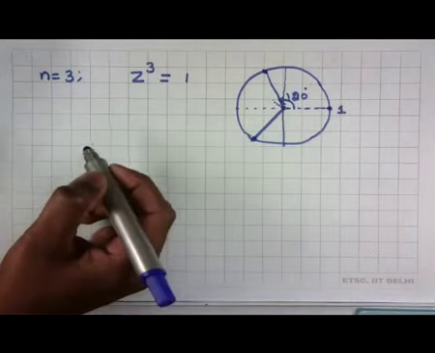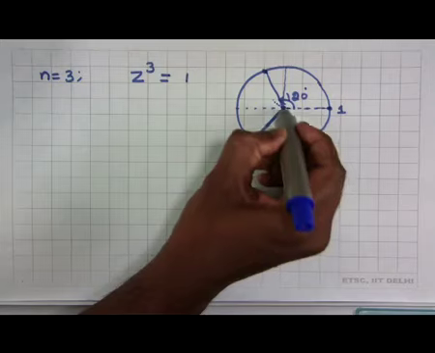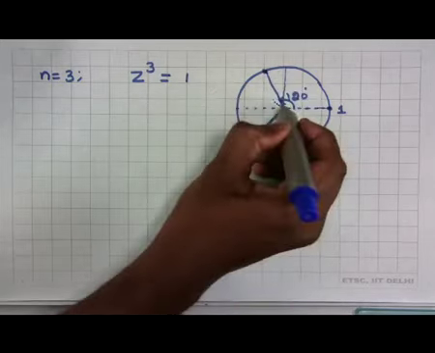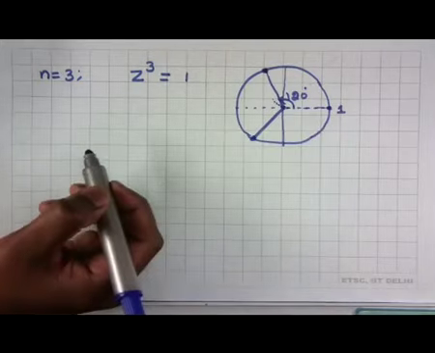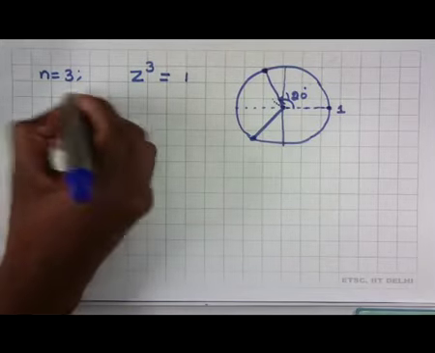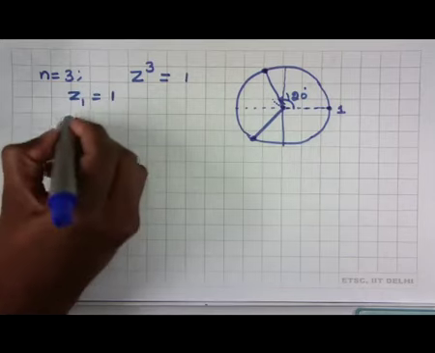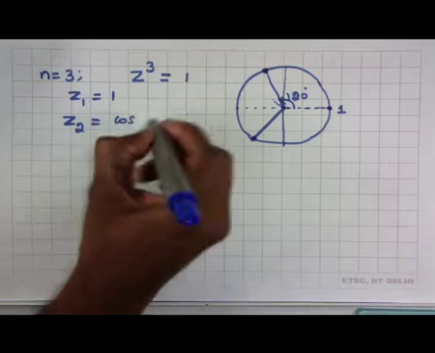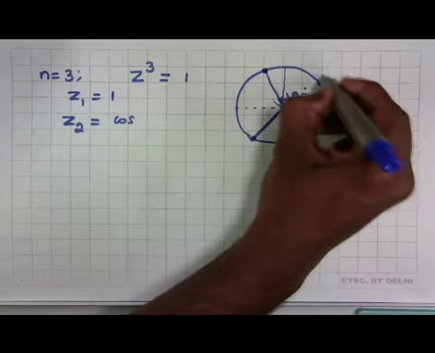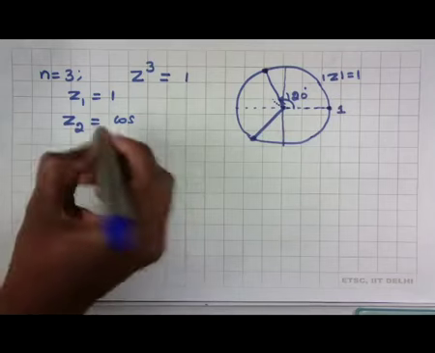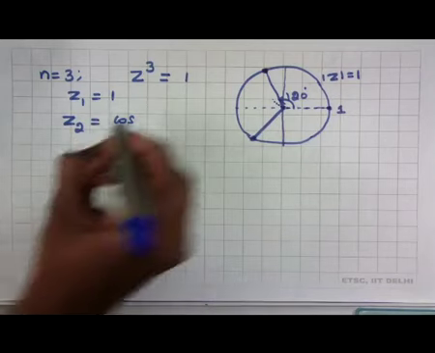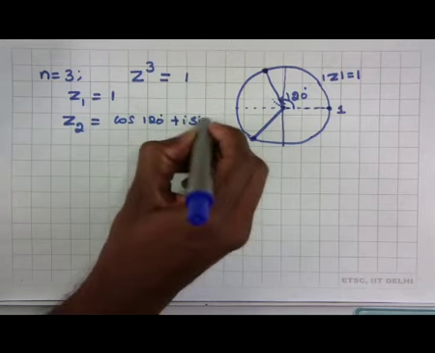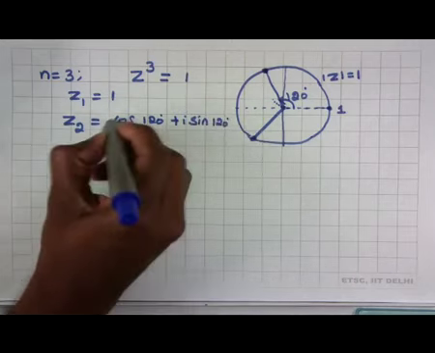But now just try to write the polar representation for this number. Let us call Z1 as 1, and Z2 as the term with the angle. Since we have collected a point from modulus 1, the modulus of this number is 1 and the angle is 120 degrees: cos 120 degrees plus i times sin 120 degrees.